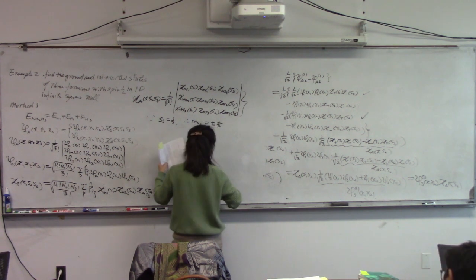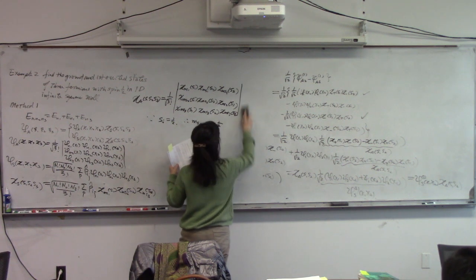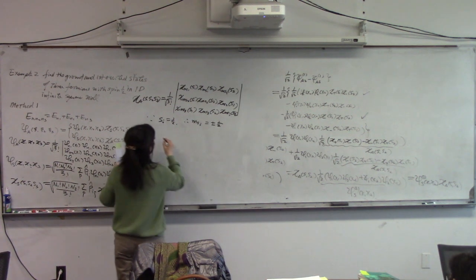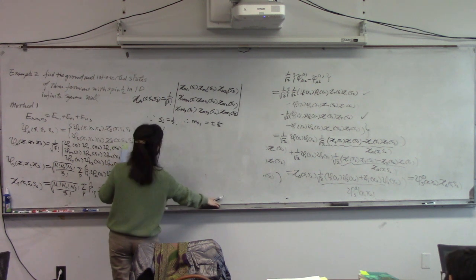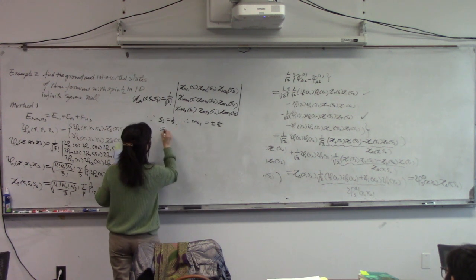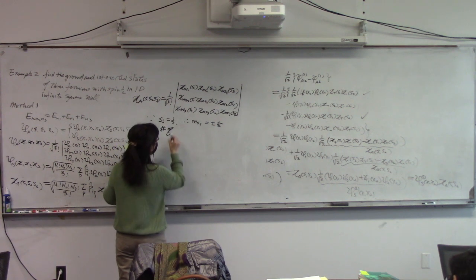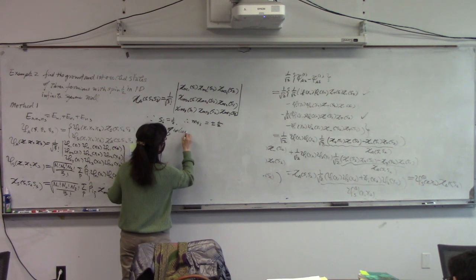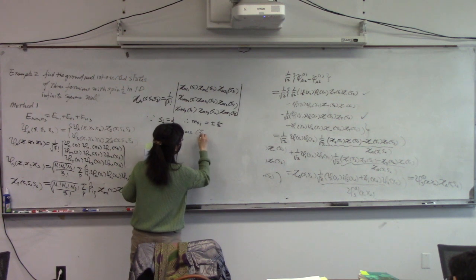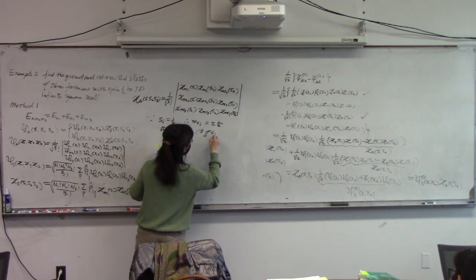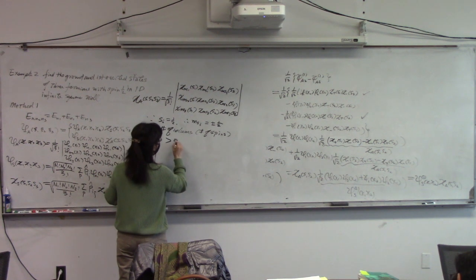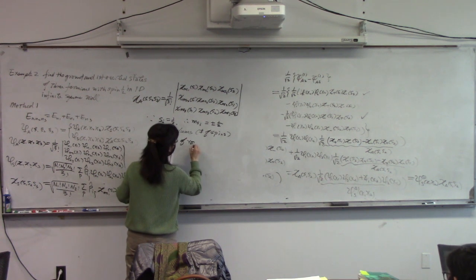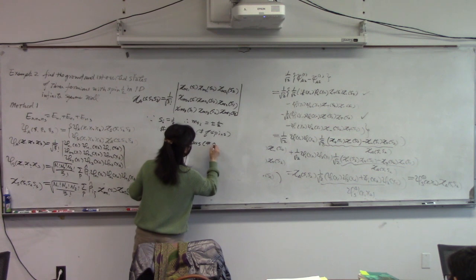So the number of particles, the number of columns, that is the number of spins. The number of spins is larger than the number of spin states.